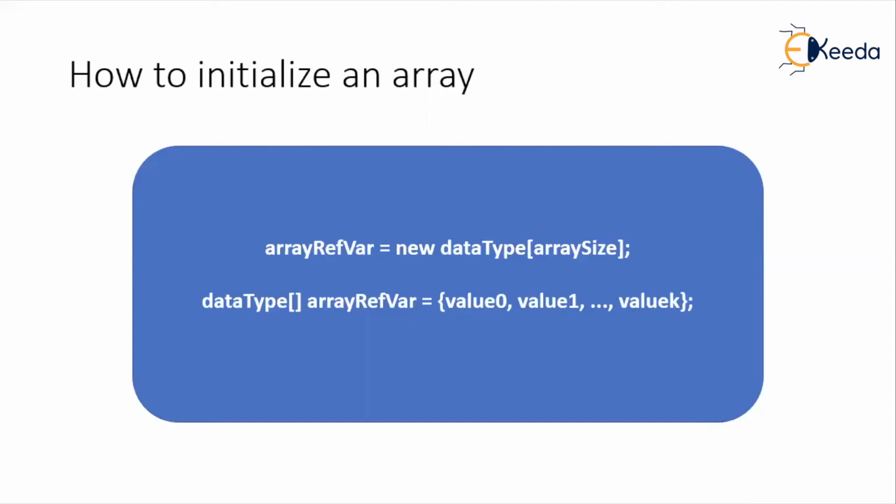It takes care of the number of elements to be stored in that array, which is specified by the comma-separated values inside the curly brackets. Those many elements and their values are specified in this second approach. We are going to have a look at both these approaches through code.